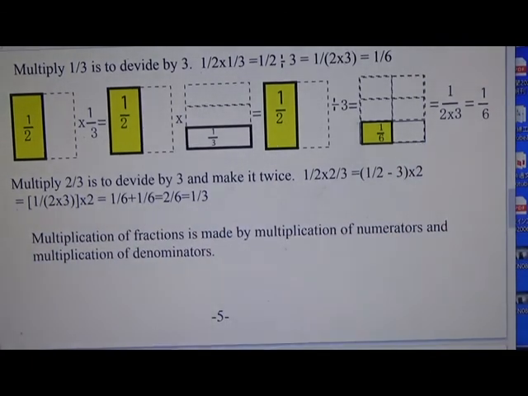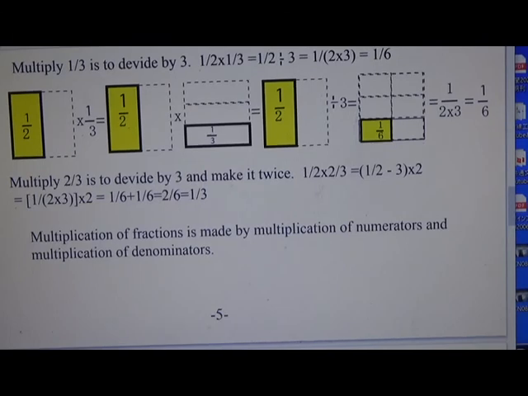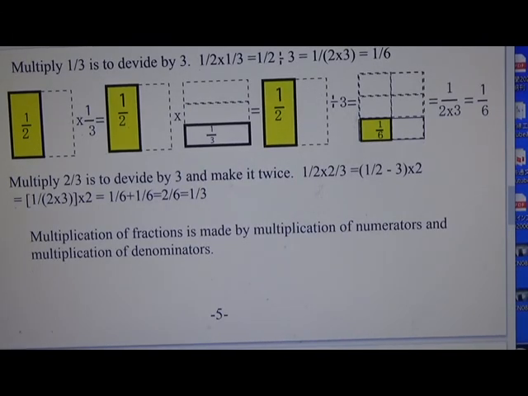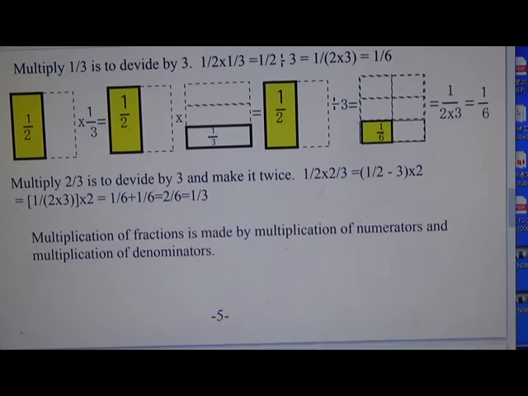That is 1 divided by 2 multiplied by 3, multiplied by 2. That is 1/6 plus 1/6, so it is 2/6. That is 1/3.